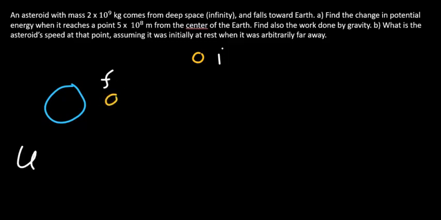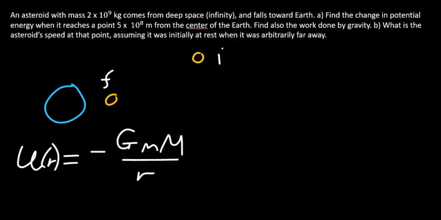The potential energy of an object in relation to the gravitational field of Earth is given by the following expression. Let's assume it is at the distance r from the center of the Earth. It's minus the universal gravitational constant times the mass of the object times the mass of the Earth over that distance.